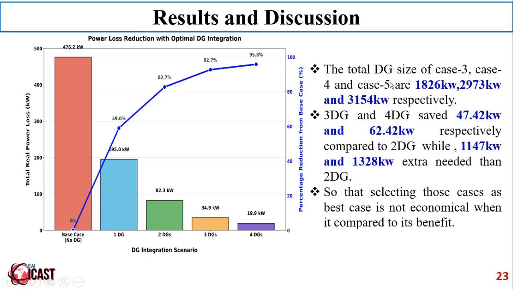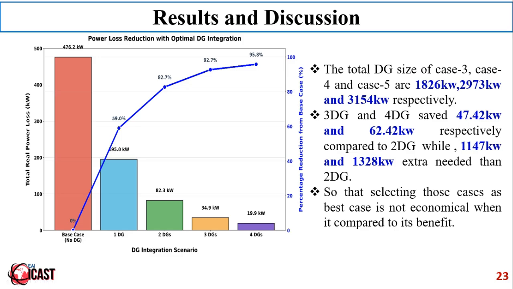However, the total DG sizes of case 3, case 4, and case 5 are such amounts of kilowatt respectively, and 3 DG and 4 DG saved 47.42 kilowatt and 62.42 kilowatt respectively compared to 2 DG, while 1147 kilowatt and 1328 kilowatt extra are needed compared to 2 DG.